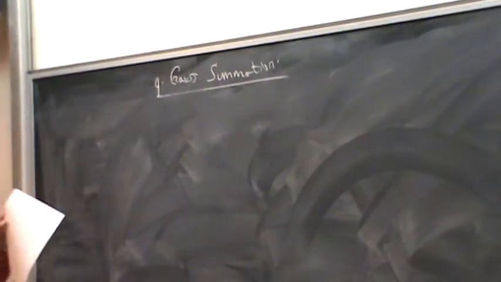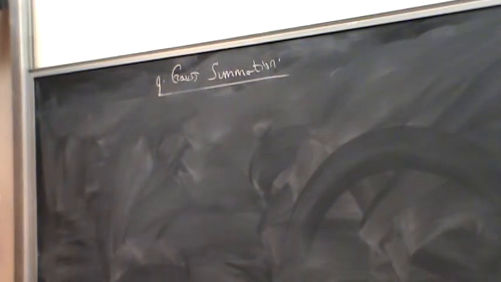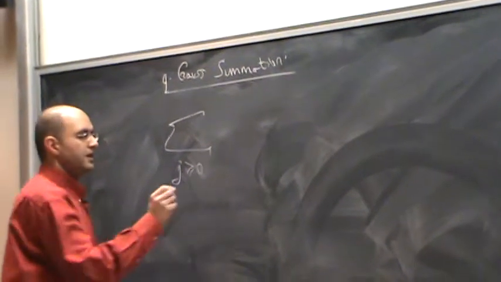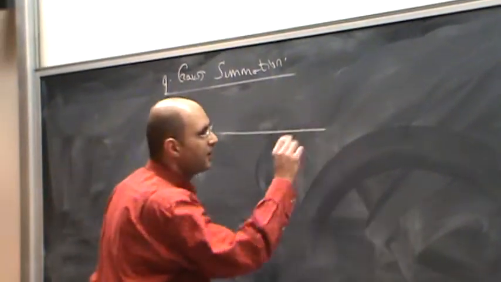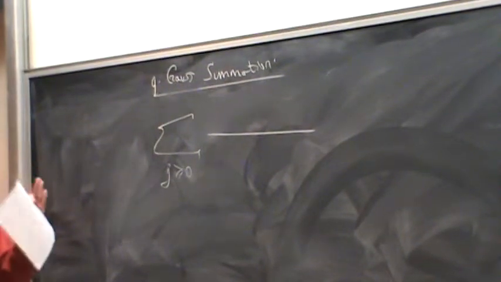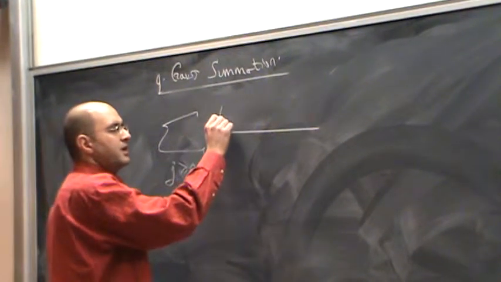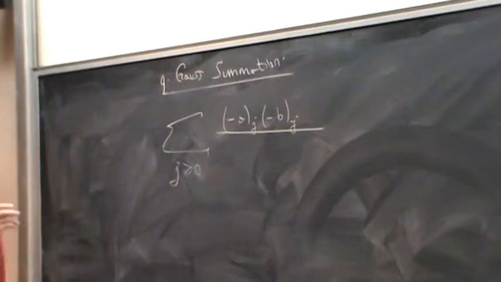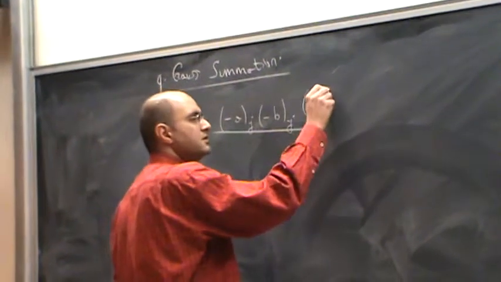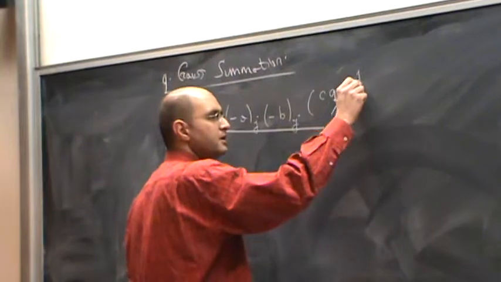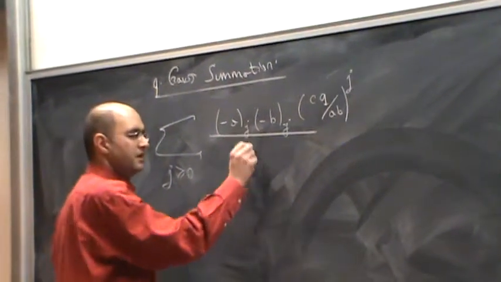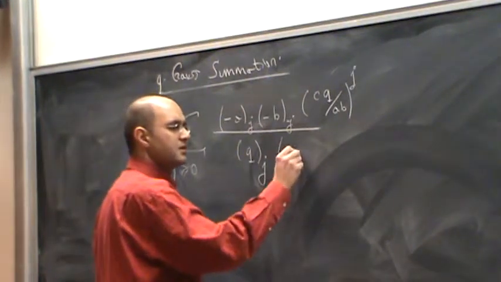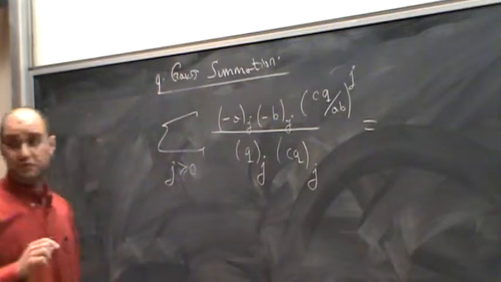Again, it asserts the identity between a series and an infinite product. And j greater than or equal to 0, there are many different formulations, but we will stick to one of them. We have minus a sub j times minus b sub j times c times q divided by a times b raised to j, and downstairs we have q sub j and c times q sub j.